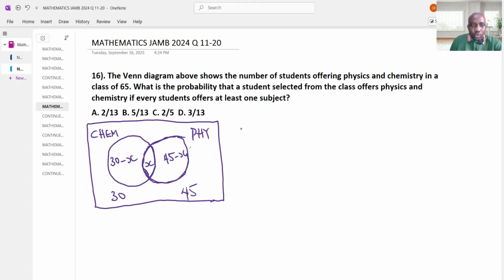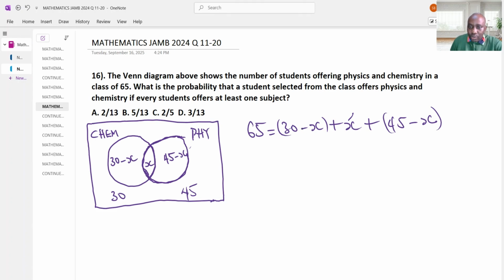Now, if you want to look for the solution, the number of people in the class is 65. Meaning that 65 must be equal to 30 minus X, plus the people that did two subjects, plus the number of people that did only physics, which is 45 minus X. Now let's combine.